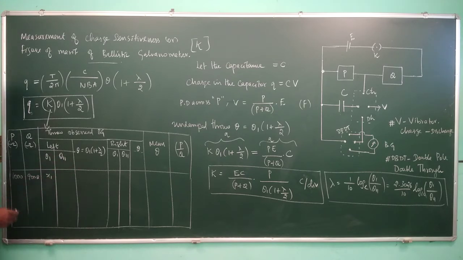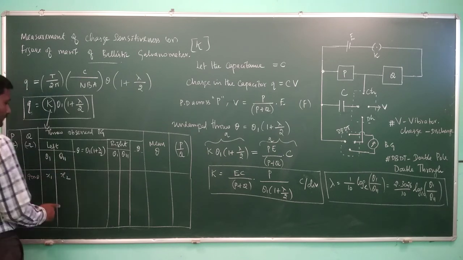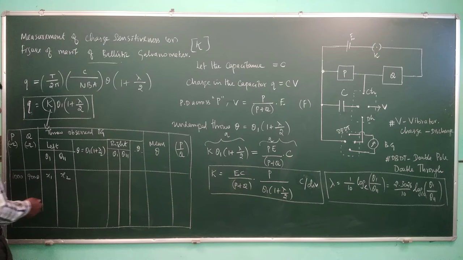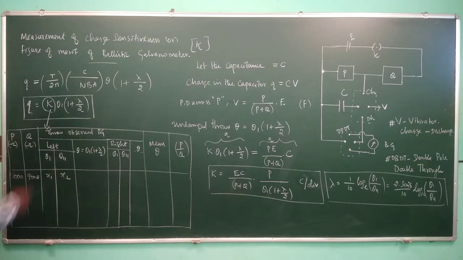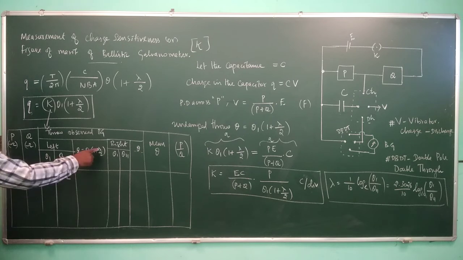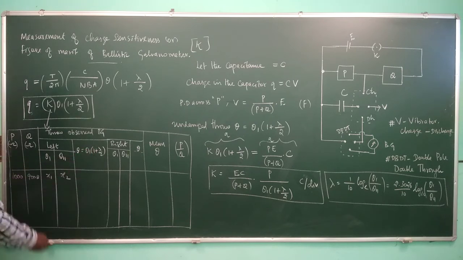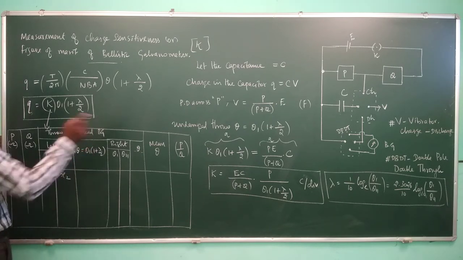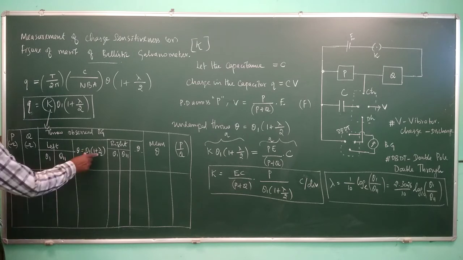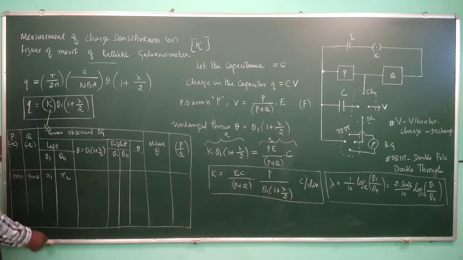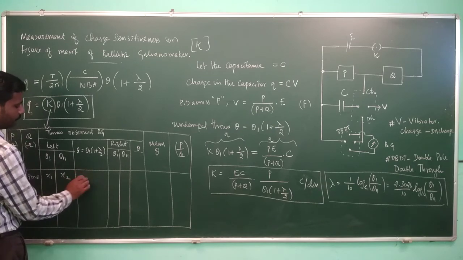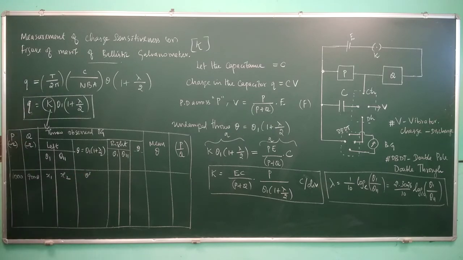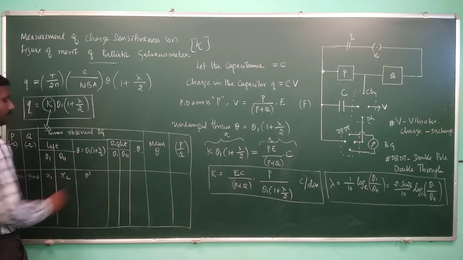Then the 11th throw, that is x2, for example, and you can calculate lambda by applying the formula 2.3026 divided by 10 log to the base 10 theta 1 by theta 11. Applying this, you will get the value for lambda, and you know theta 1 and lambda, so using this formula you can write theta. So this is theta 1 in the first case.